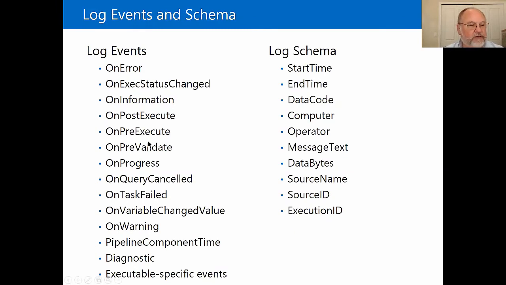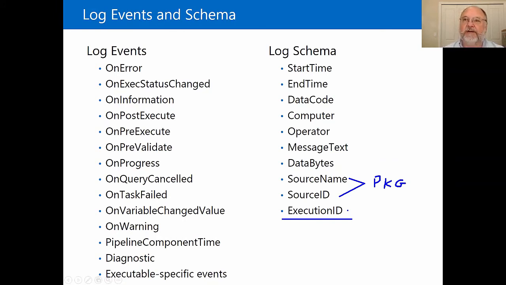Now, let me draw your attention to one thing here, execution ID. Source ID and source name are the ID and name of your package. That will never change. The execution ID is a unique identifier number for each time this package executes.